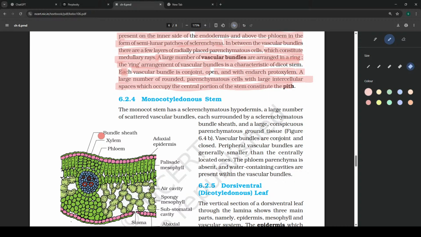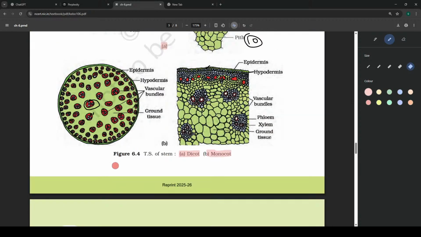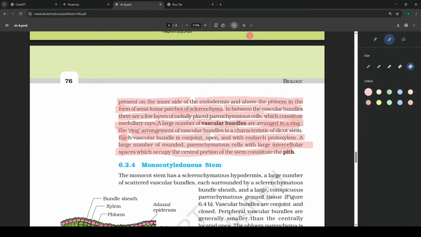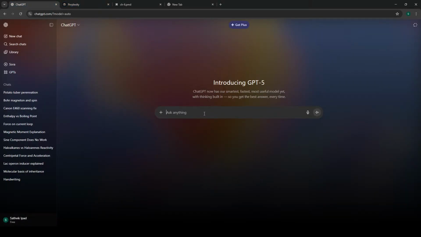The vascular bundles are conjoint and open, with cambium present between them, and endarch protoxylem. Endarch protoxylem, if we see the diagram here, the protoxylem is shown here. Endarch means it is basically an arrangement of which comes first and which comes last.